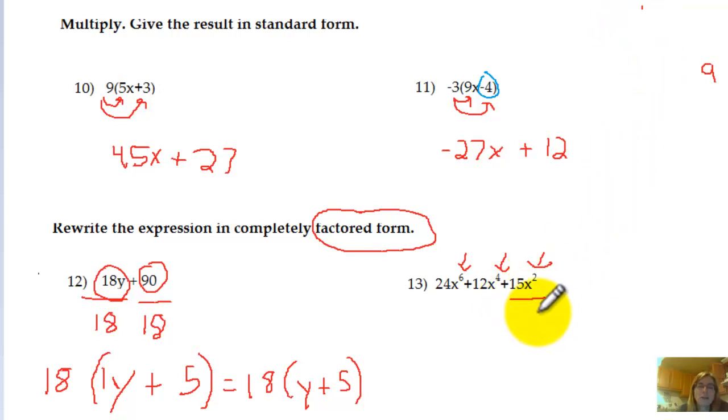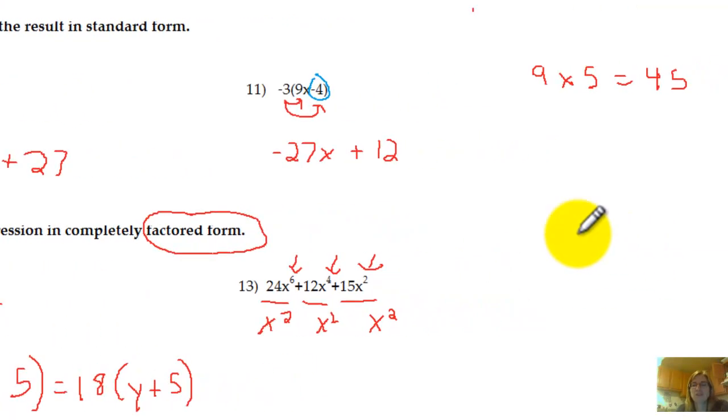But we're not done. That's not the only thing you're going to divide each term by. You're going to also divide each term by a number that 24, 12, and 15 will divide by. When you have this kind of situation, 24 and 12 are even numbers, but 15 is not. So look at the odd number and think about the factors of 15.